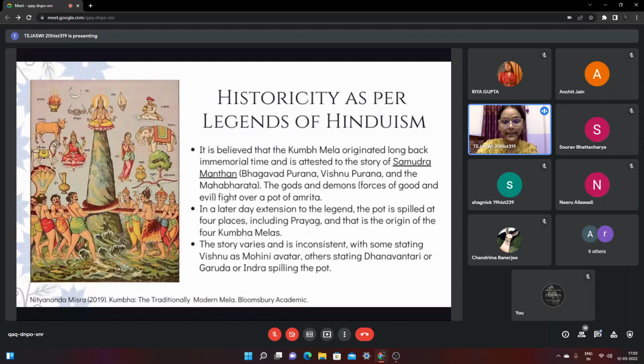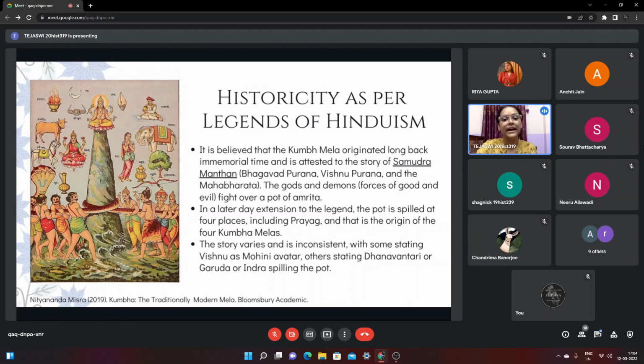And in a later day extension to this legend, it is said that this pot is spilled at 4 places, which later become the places of the 4 Kumbh Melas: Haridwar, Ujjain, Nashik, and Prayagraj. And thus the origin of the 4 Kumbh Melas.